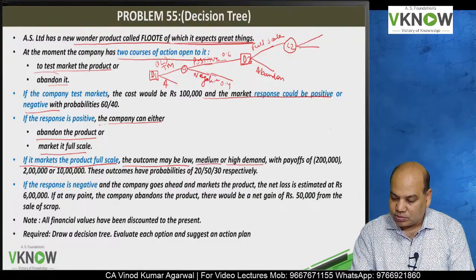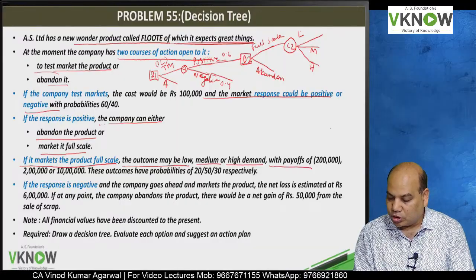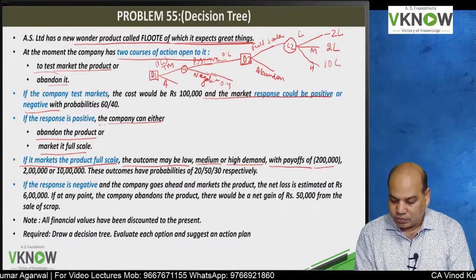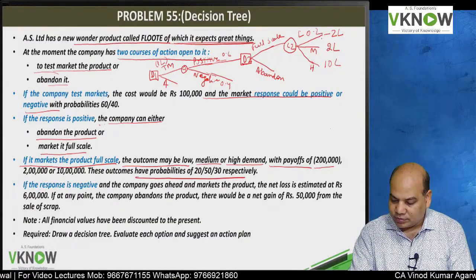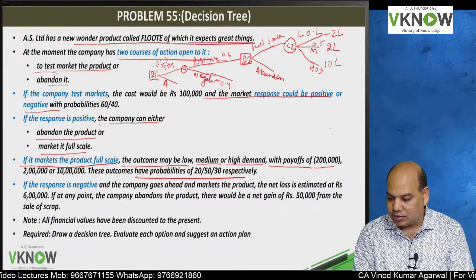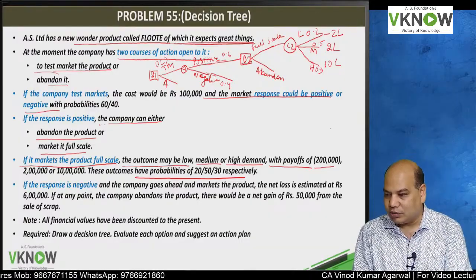So there are three possibilities here. The payoff will be -2 lakh, 2 lakh or 10 lakh, and the probabilities will be 20%, 50% and 30%. If you read and simultaneously draw, you will get lot of ideas.